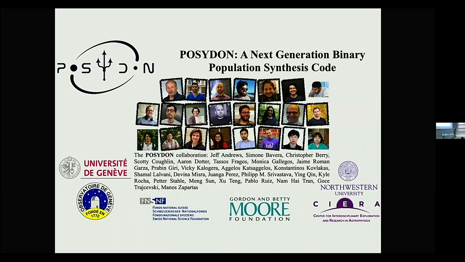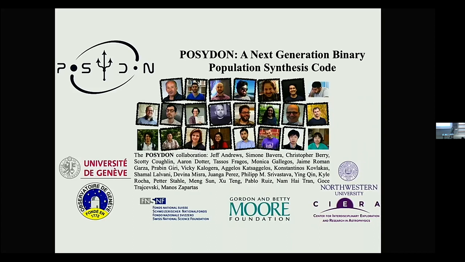We have a big group developing the code, and I would like to mention the two PIs of this project. One is Vicky Kalogera, director of CIERA, and also Tassos Fragos at the University of Geneva. So basically this is a collaboration between the US and Europe. In our big group we have astrophysicists and also computer scientists who help us with machine learning and interpolation related stuff.